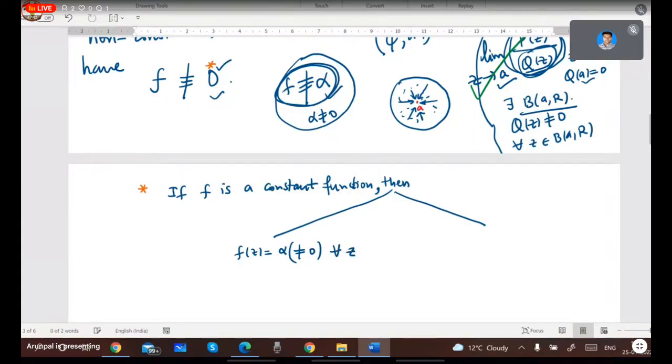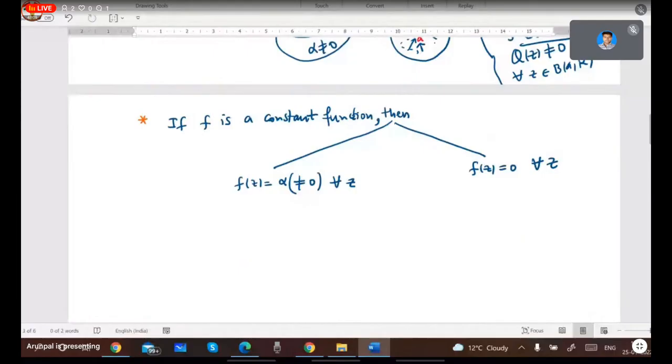One can be this thing, and one can be this other thing. There will be two cases only. Either the function is taking the value 0 always, or it is taking a value equal to some non-zero constant always. Is this okay? Yes, sir.